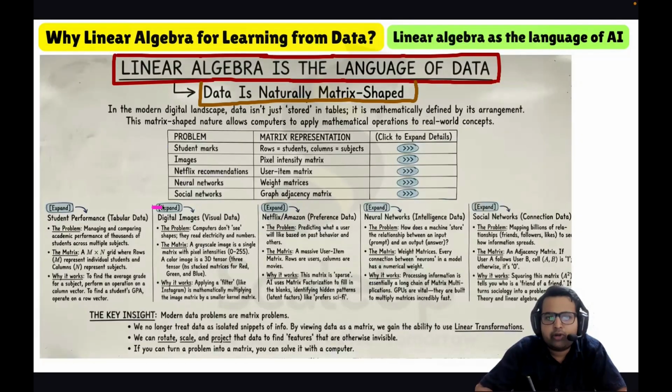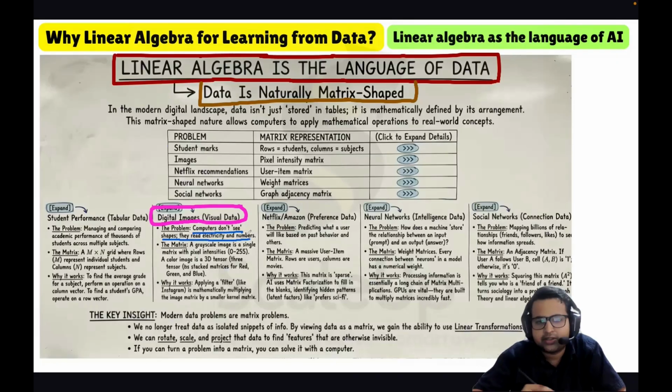Similarly, if we talk about digital images, the visual data, the problem is that computers don't see shapes, they can only read numbers. So we need a way to represent images in the form of numbers, and we have the pixel intensity matrix.